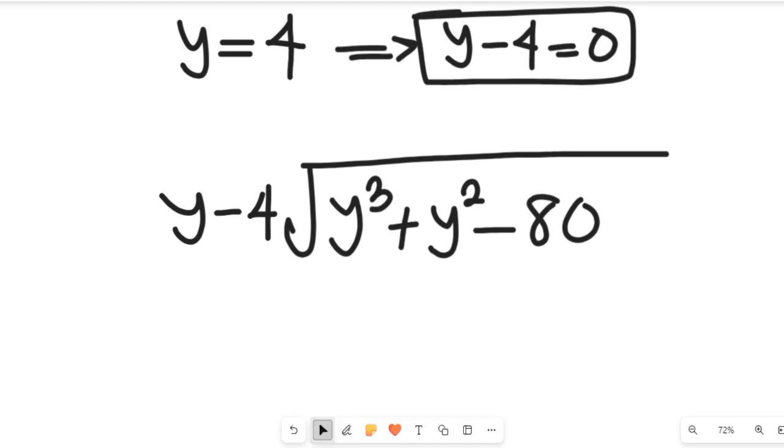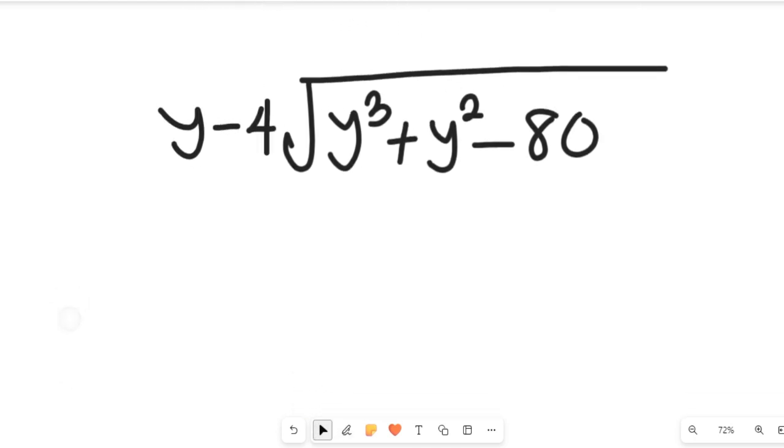Now let's start off with the division. If we do this, you're going to find the quadratic equation such that if you simplify it, you get the other two factors.